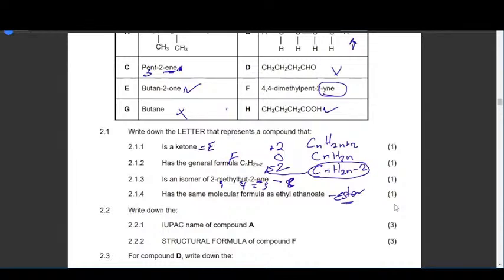Therefore, it is a functional isomer. If you look at this, ethyl means 2 carbon atoms, and this one also means 2, which is 4. And here, 1, 2, 3, 4. They have the same number of carbon atoms. And ethanoate has 2 oxygens, and also here it has 2 oxygens. So basically, the answer here is going to be H.